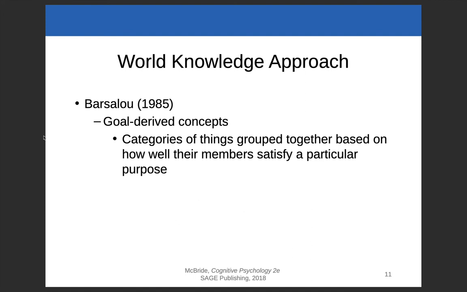Barsalou in '95 talked about this notion of goal-derived concepts. One of the really tough things about looking at prototypes or exemplars is that there's another layer of complexity here: apparently, not only do we go on the appearances of how something looks to categorize it, we also base our categorizations on how things are used, what they do, what we can do with them.